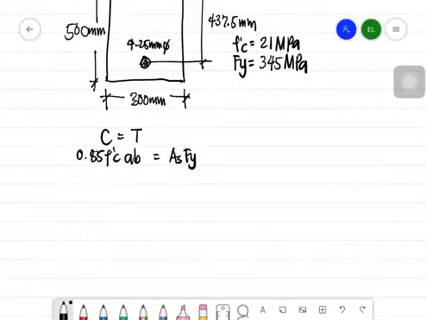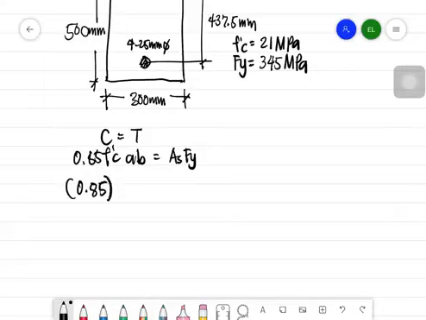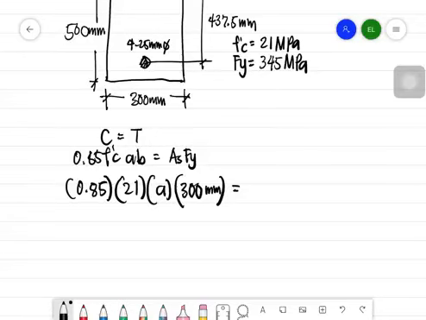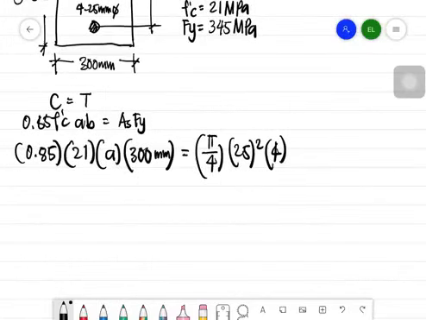So we have 0.85 times f'c, which is 21, times a, then b is 300 mm, which is equal to pi over 4 d squared times 4, since we have 4 bars, then fy is 345.